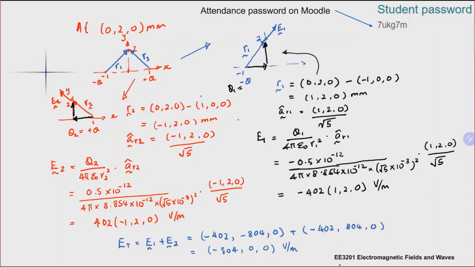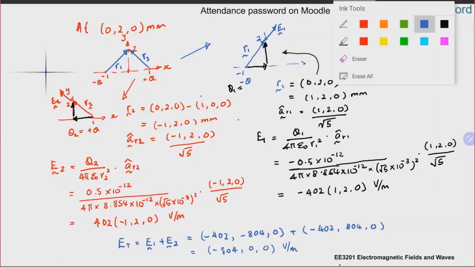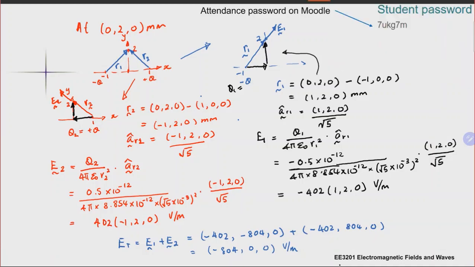So what this tells you is that the electric field in this scenario is equals to a vector pointing in the minus x direction.